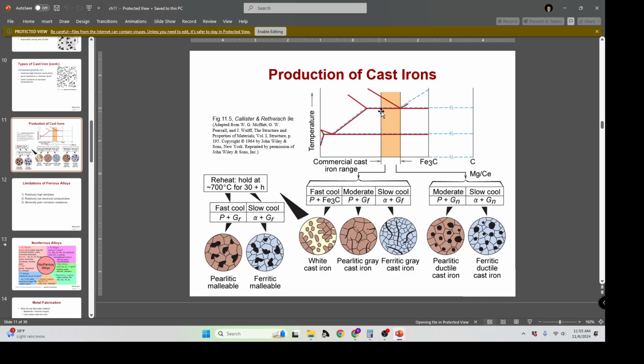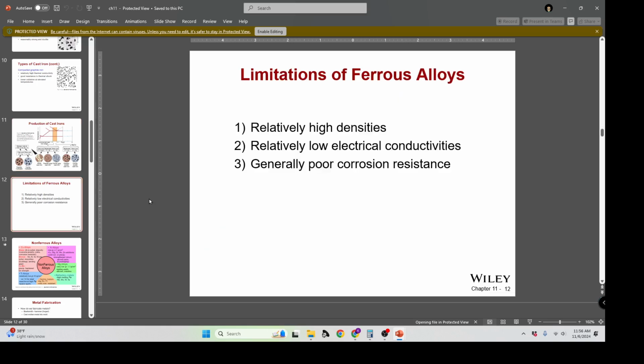White cast iron: as you go up in the range, fast cool gives you white cast iron, moderate cool gives you gray cast iron, slow cool gives you ferritic gray cast iron. The higher carbon content with magnesium and cerium gives you pearlite ductile cast iron, and slow cool gives you ferritic ductile cast iron. So yeah, that gives us at least a range of what those applications would be.